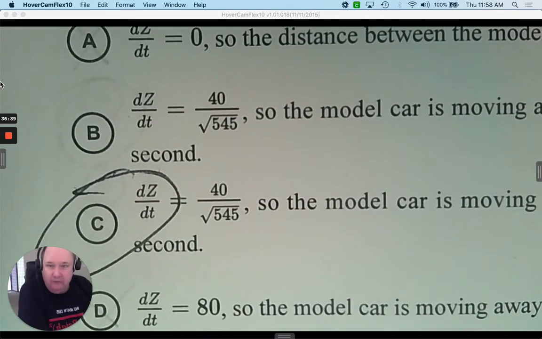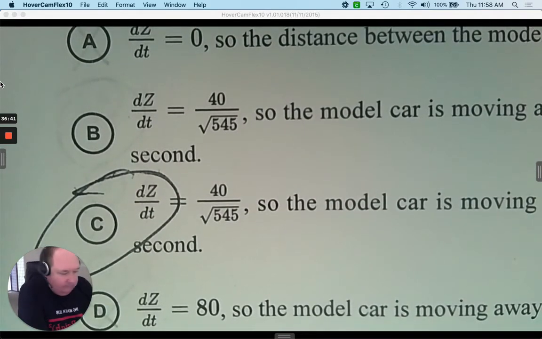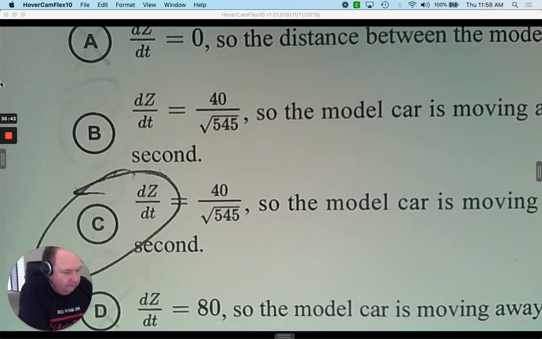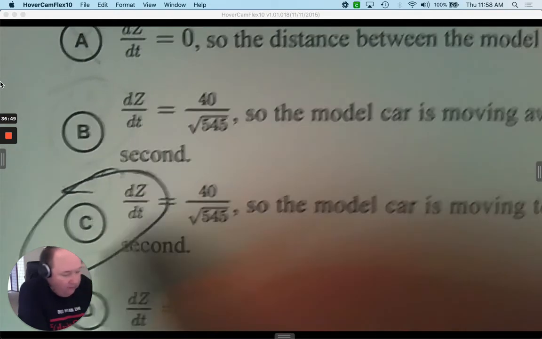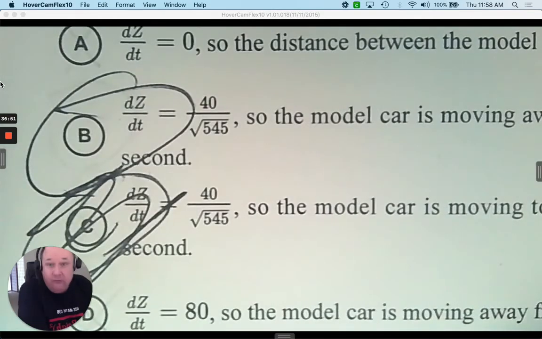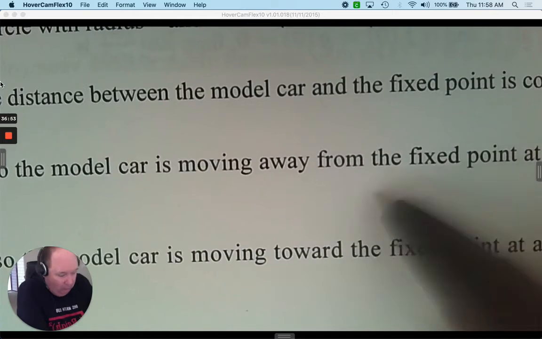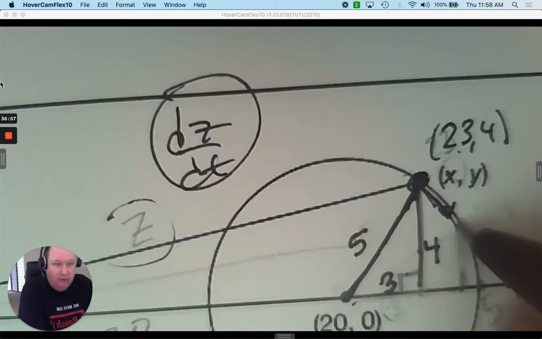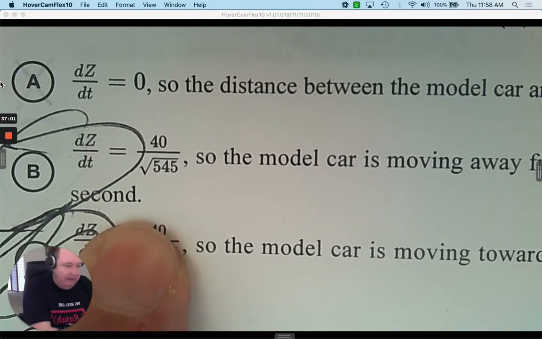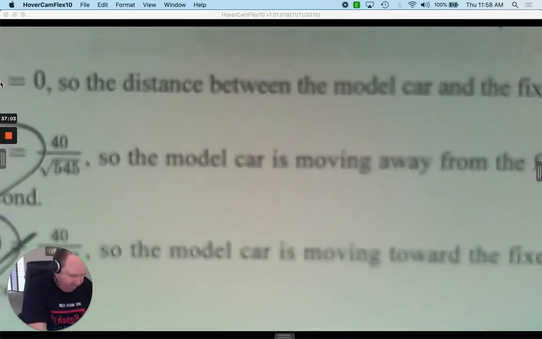And the answer is C. Oh, and then I got to answer the next part. Is it moving away or towards? So sorry, B has the same one, right? It is moving away. So as it's moving away from the origin, not closer. So the answer is B, and it's moving away.